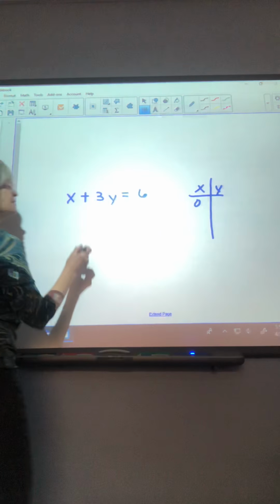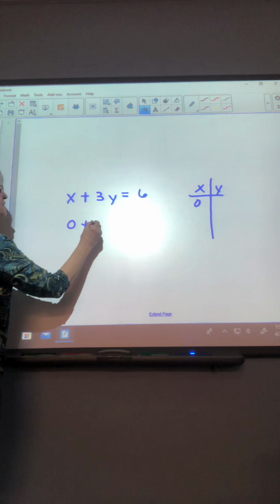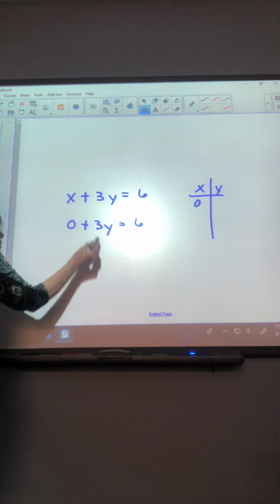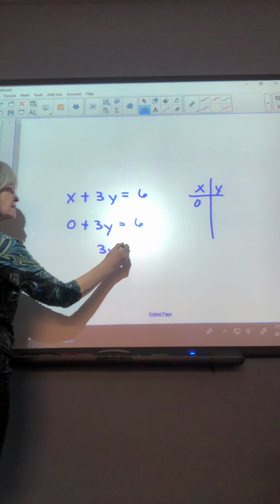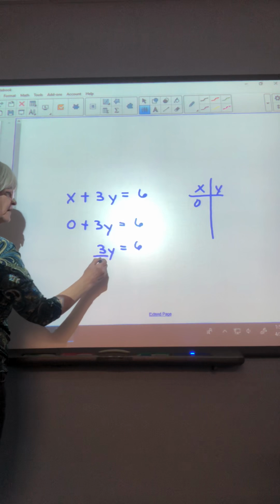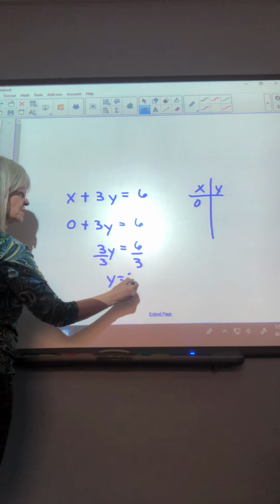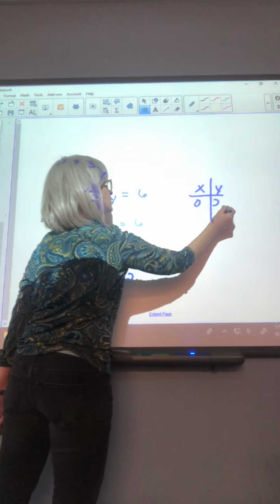And so if x is 0, 0 plus 3y is equal to 6, we're now going to solve for y. So we get 3y is equal to 6. We divide by 3. 6 divided by 3 is 2, so y is equal to 2.